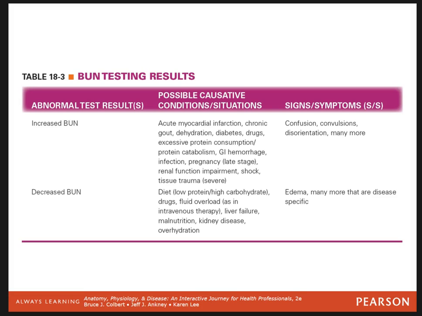A decrease in BUN could be due to a diet that's low in protein but high in carbohydrates, medications, fluid overload, liver failure, kidney disease, and the signs and symptoms may include edema, as well as things that are more specific to a disease state.